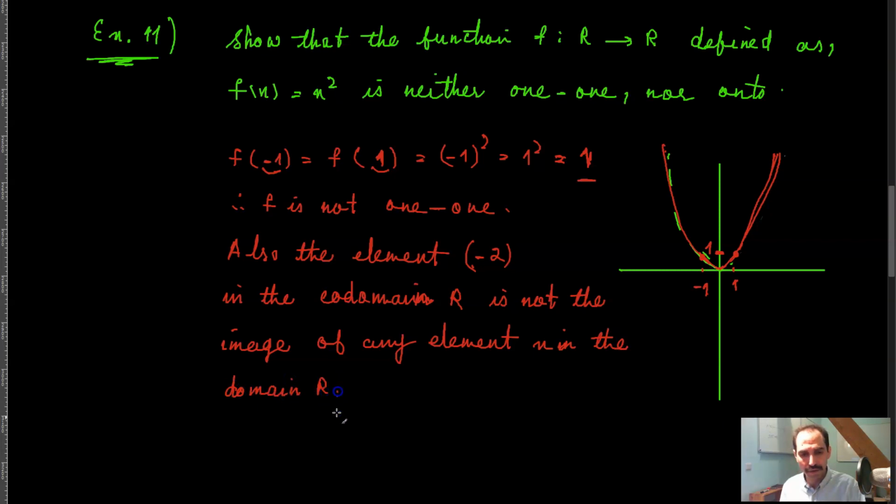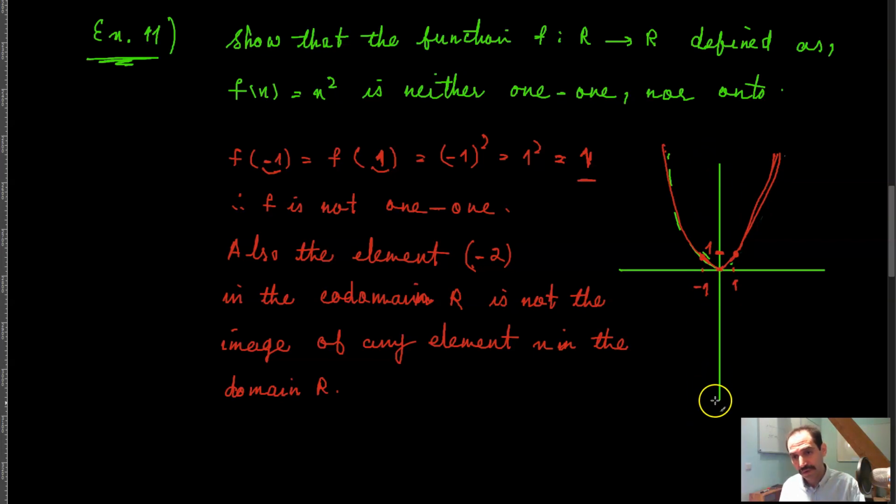And then you can see that over here y or f of x starts from 0 and goes all the way up to positive infinity, but all the y's less than 0 are simply not a part of the range of the function. They are a part of the codomain.